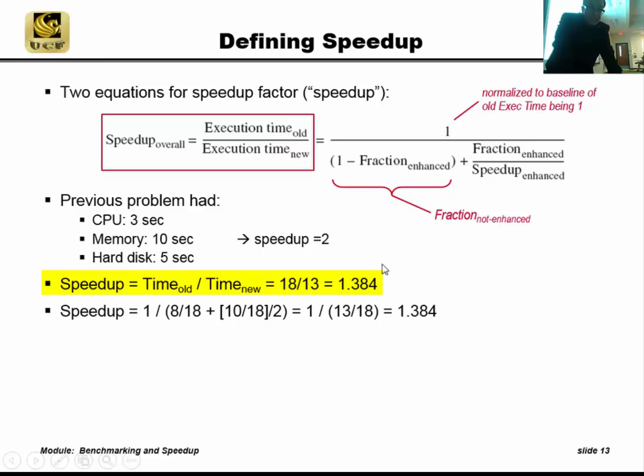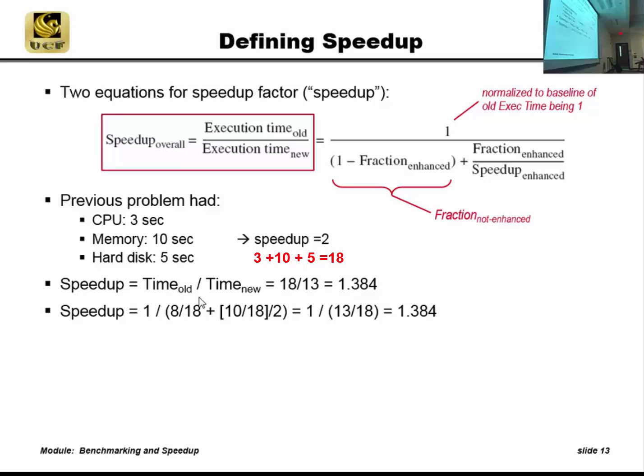Another way to calculate the speedup, which is time old divided by time new, is to simply take this equation: 1 minus the fraction enhanced. Well, what was the fraction enhanced in this example? We're only improving the memory system. So what's the fraction? Well, the total time was 18, and the memory was 10 of it.